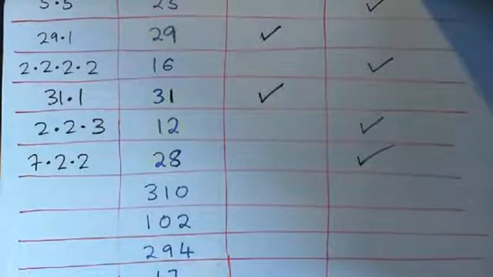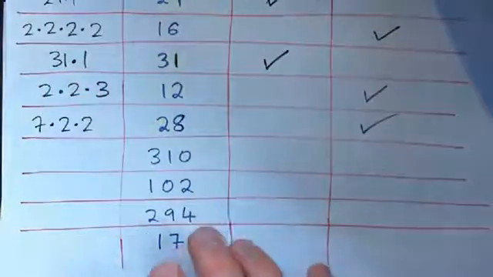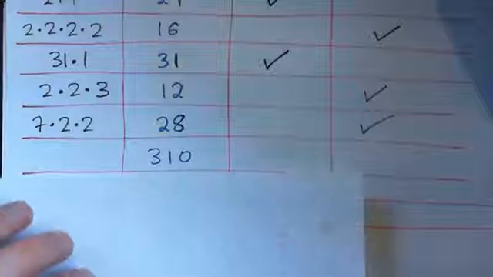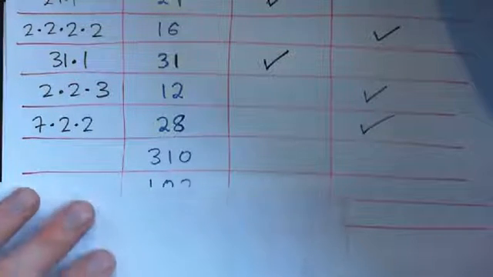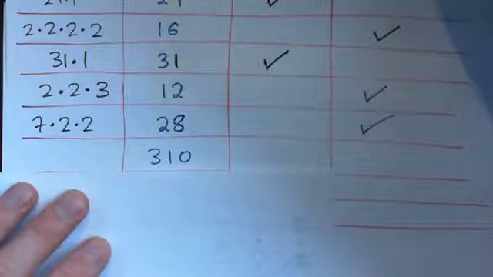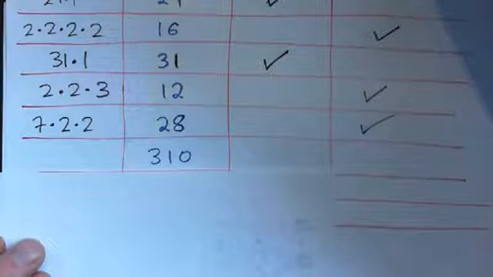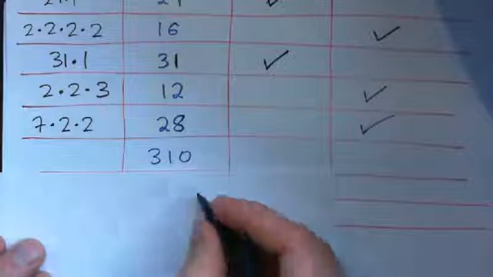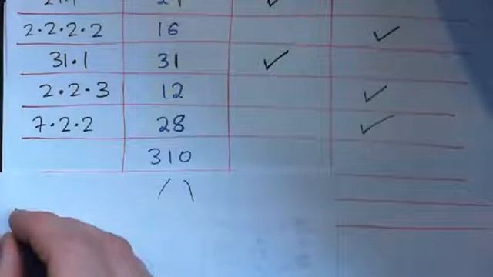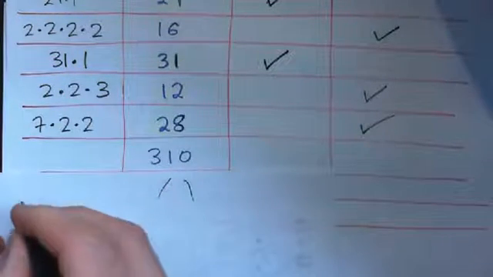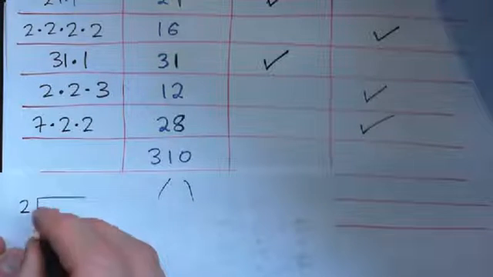So let's do these guys: 310, 102, 294, and 17 is the end. Yay. So we'll start with 310. Now, I don't know what you want to do first, but you might think, well, 2 goes into that thing, right?